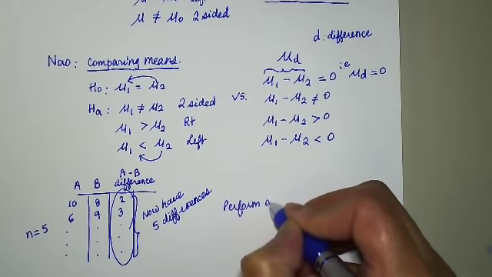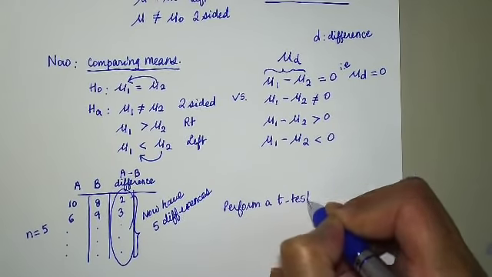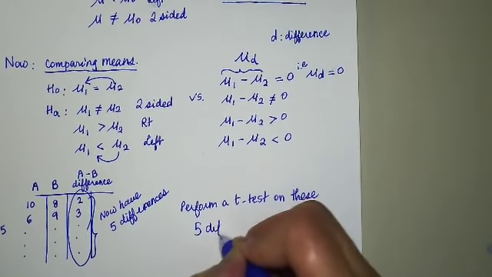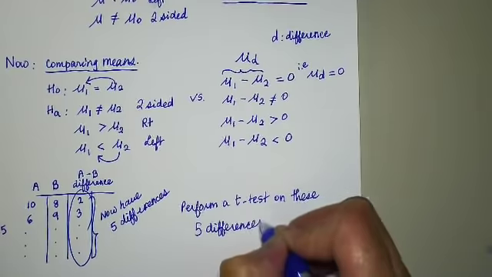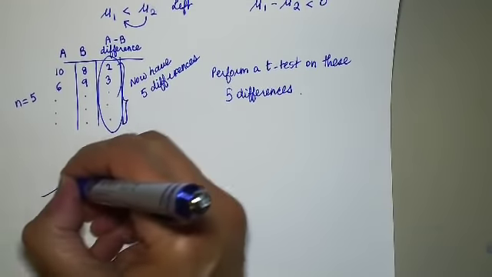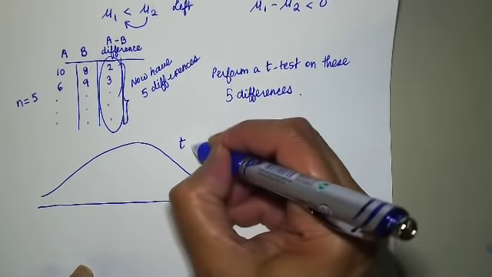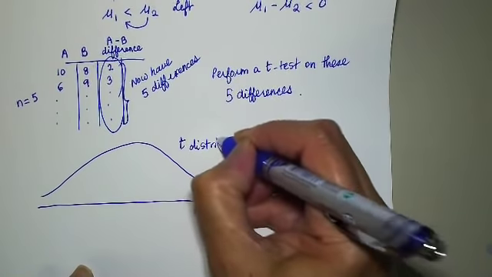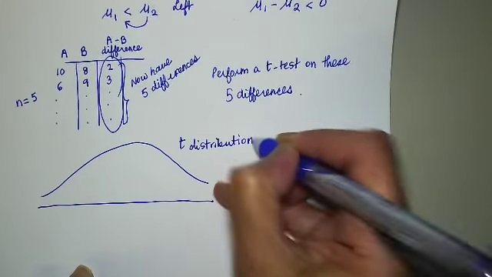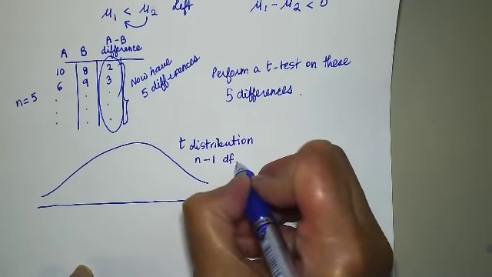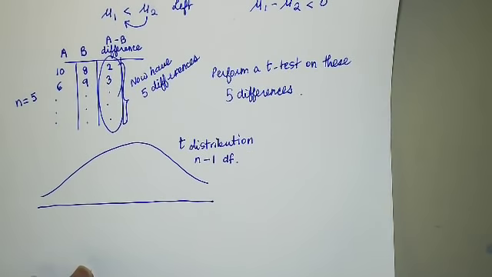All you have to do in this method is take these differences and perform a t-test on these 5 differences. So you will go to a t-distribution with n minus 1 degrees of freedom.